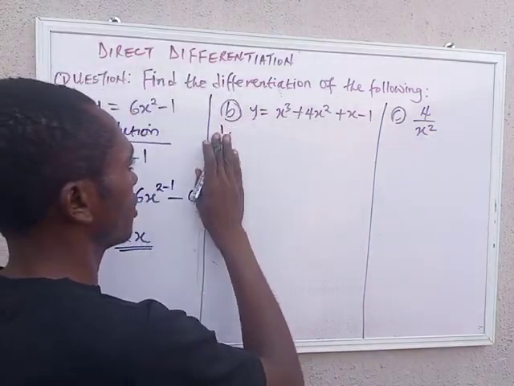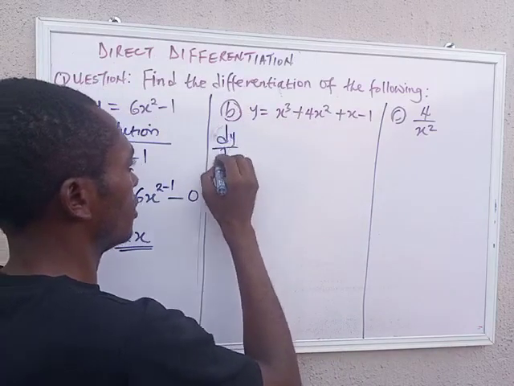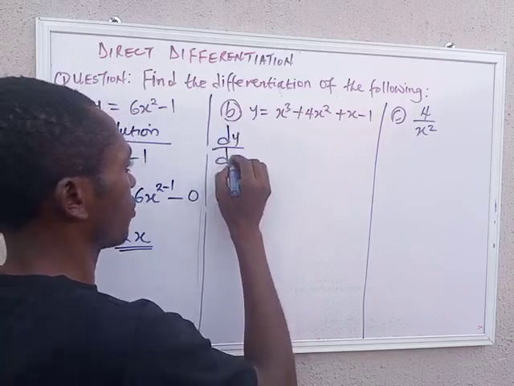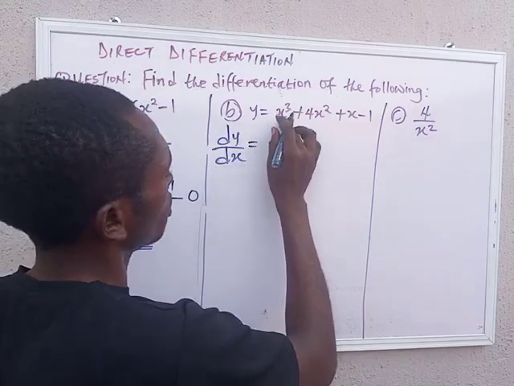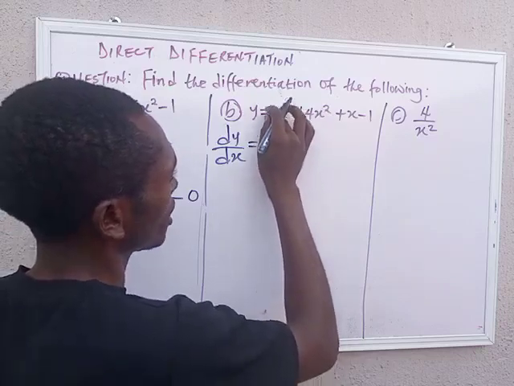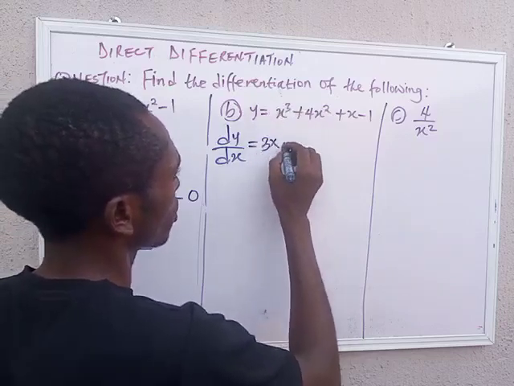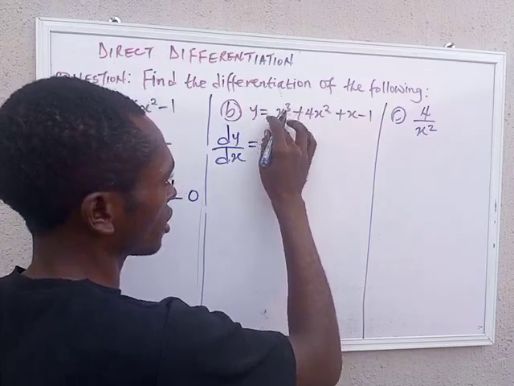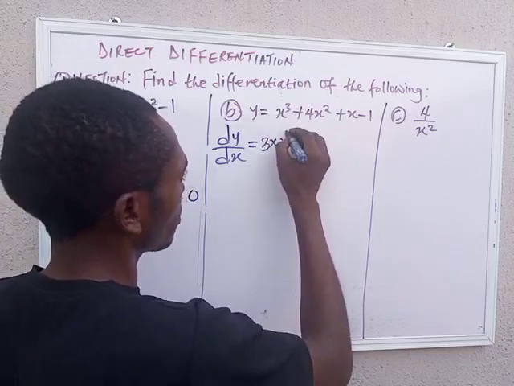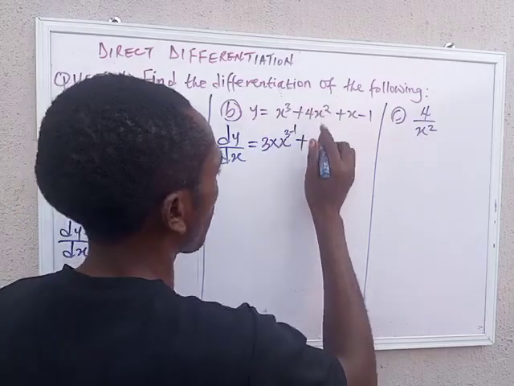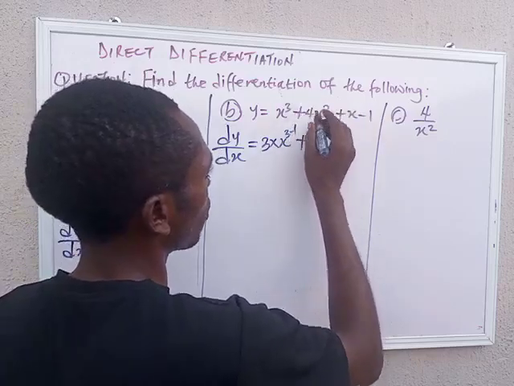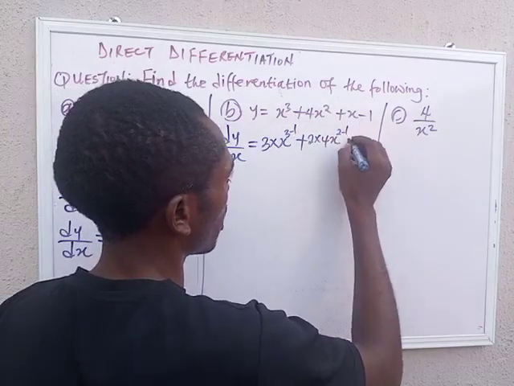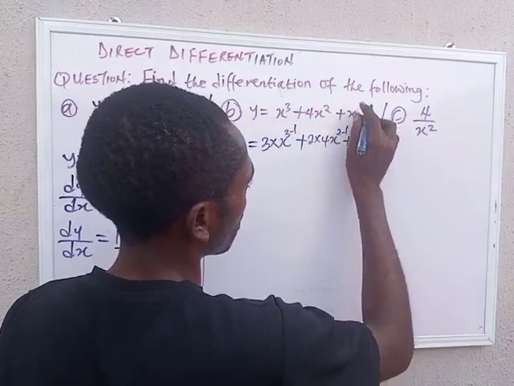So we have dy dx is equal to, we bring down this 3, the coefficient here is 1, so 3 times x, reduce the power by 1, plus we bring down this 2 to multiply this 4. So 2 times 4x, 2 minus 1.